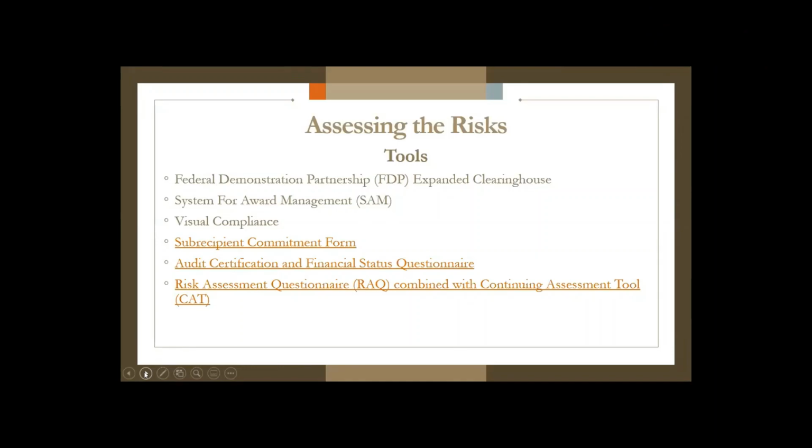Okay, and another question. I belong to a non-university research institution. Are we eligible for the Federal Demonstration Partnership? Yes, you are. All you have to do is go through a submission process. You agree to submit all of this information into the system and they will accept you. So you do not have to be a university or a hospital.